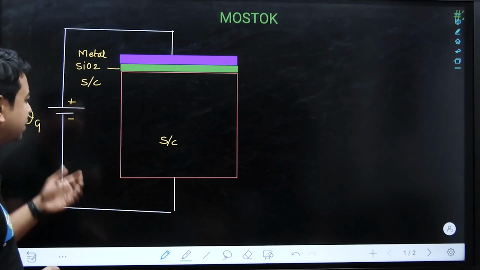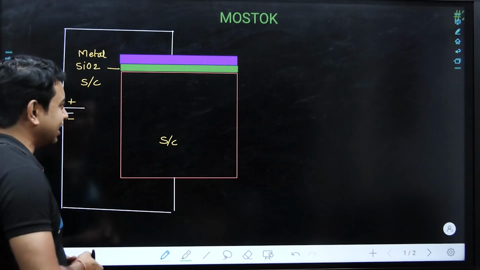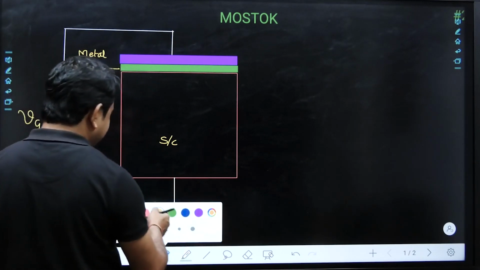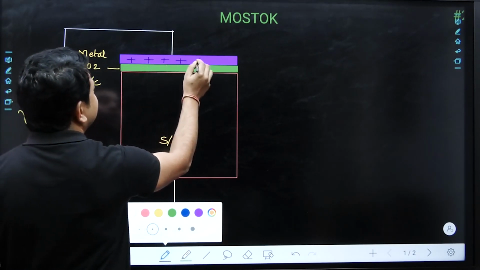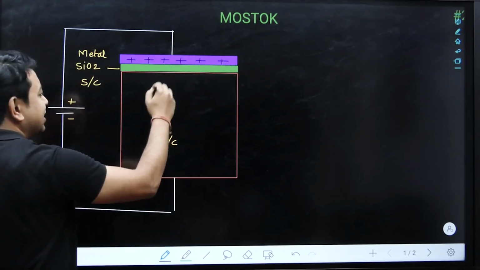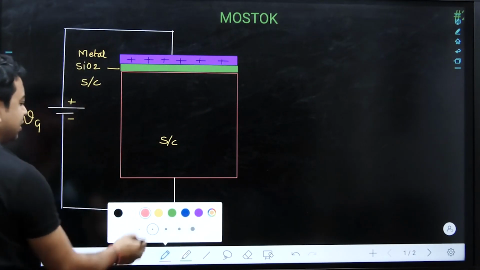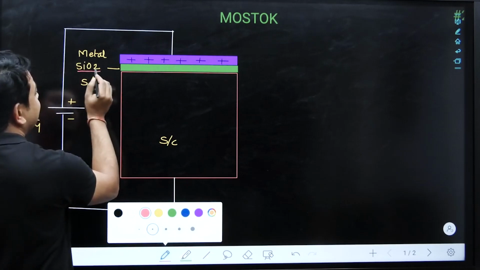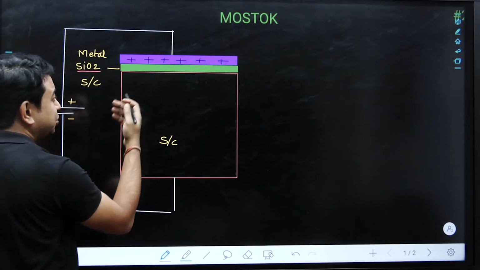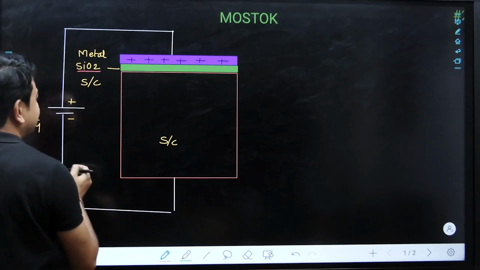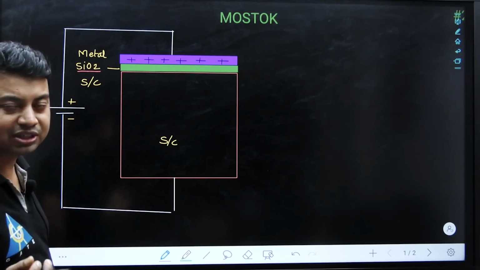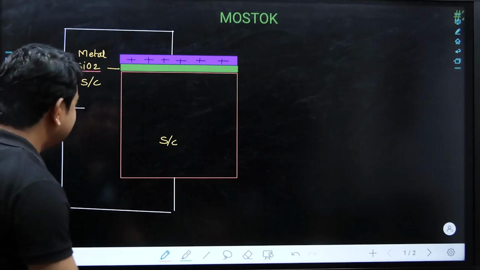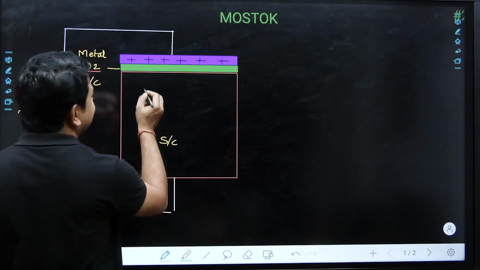The response of this gate terminal voltage, we have already seen, will give positive charge on the metal side because of the application of positive voltage, because I already told you this is acting as a capacitor, and in a capacitor this silicon dioxide will not allow the charge carriers to move through it. So the voltage source is nothing but the supplier of electrons, and this will definitely supply the electrons.